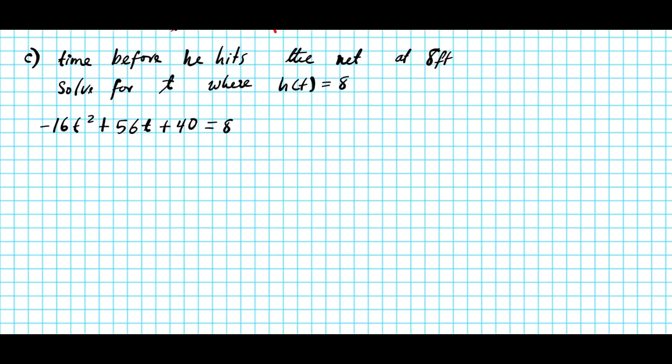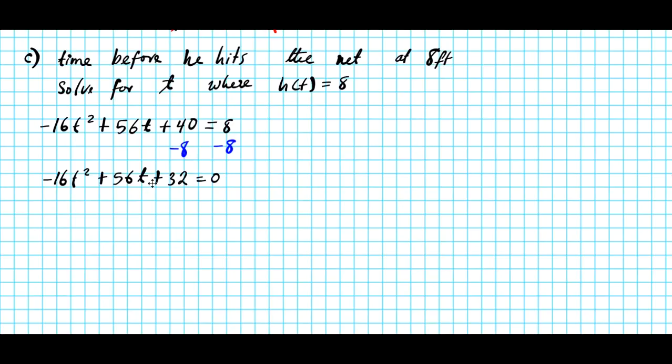We have to set it equal to 0 with terms in descending order of degree. We have an 8 on the right, so we'll subtract the 8 from both sides, and then we'll have negative 16t squared plus 56t plus 40 minus 8 is 32 equals 0.